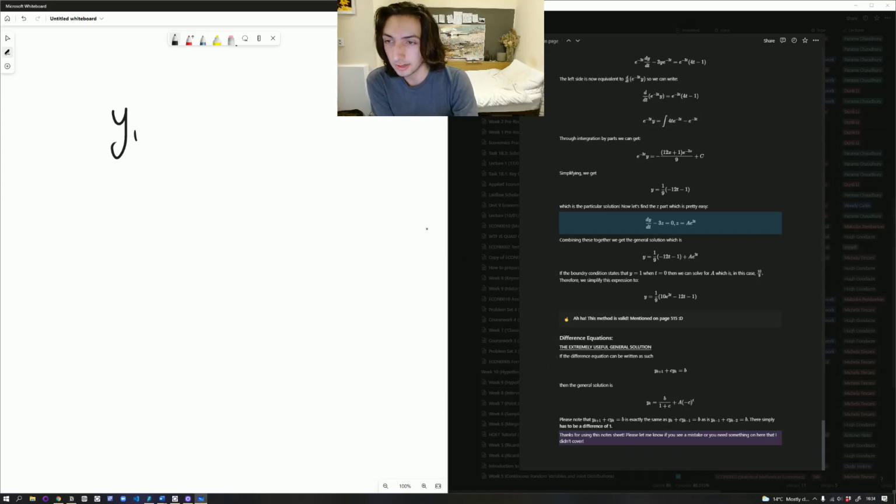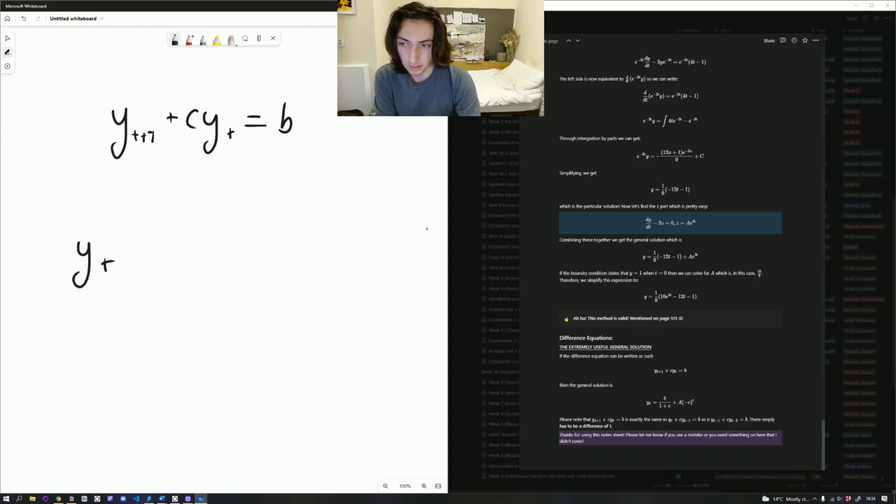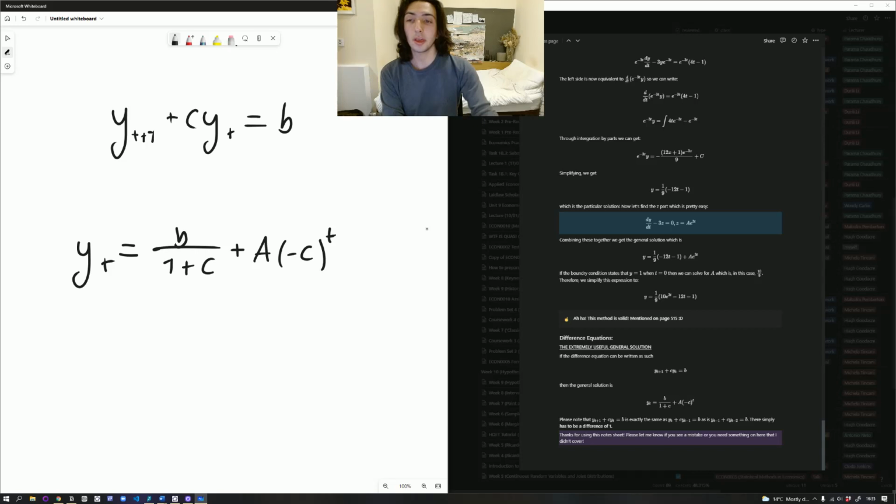So we have the general solution for a difference equation, which is as such. And then the general solution works with this. First we have the particular solution, which is shown by b over 1 plus c, and we have the complementary solution, which is a times negative c to the t.